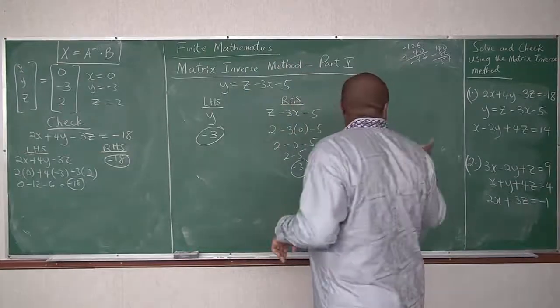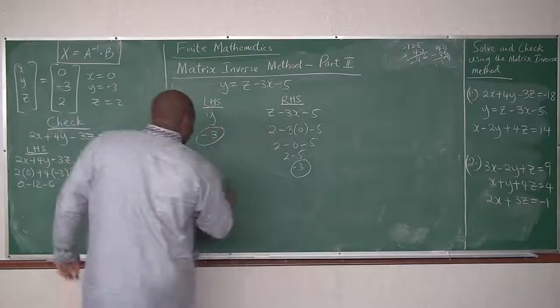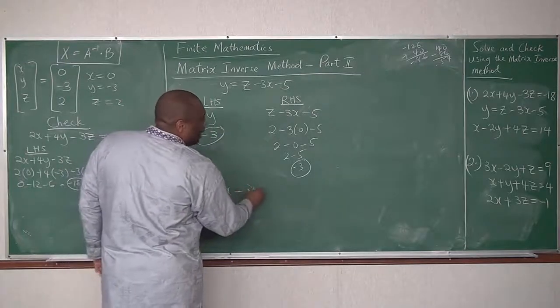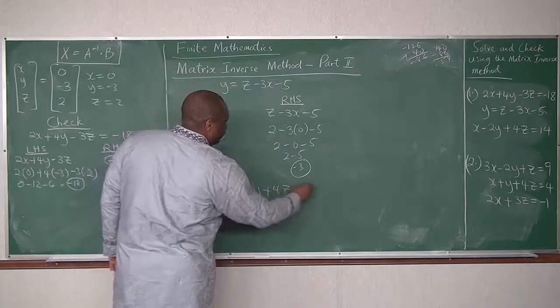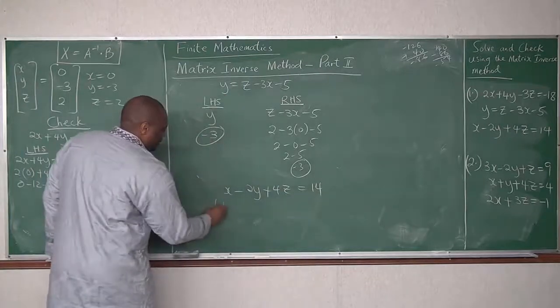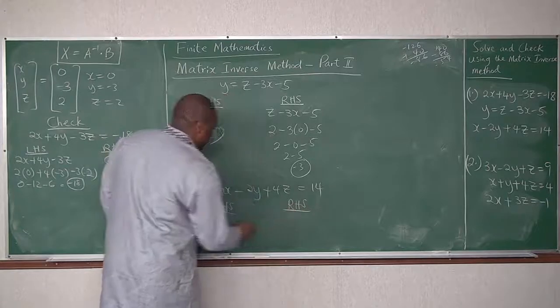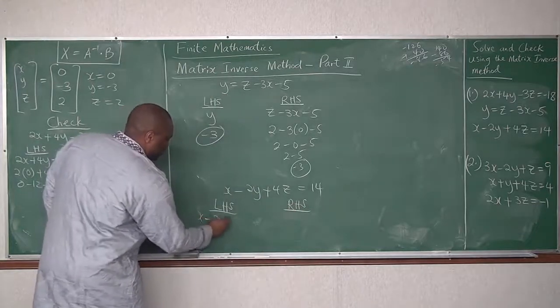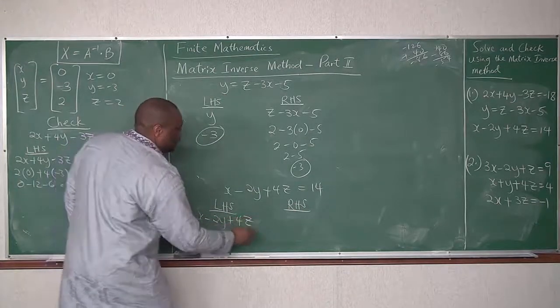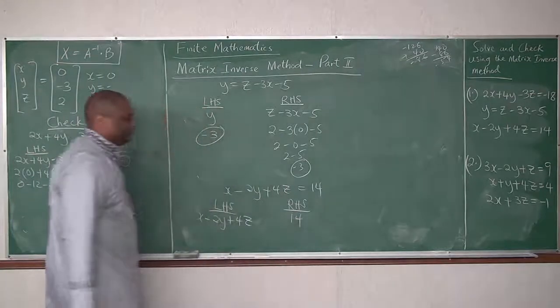Then the last equation, x minus 2y plus 4z equal to 14. Left hand side, right hand side. Left hand side is x minus 2y plus 4z. Right hand side is 14.